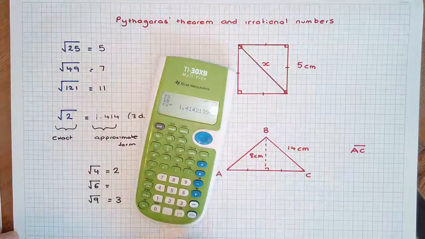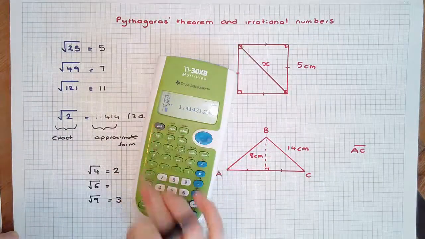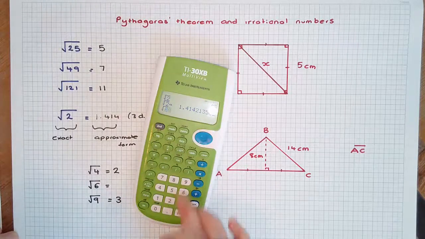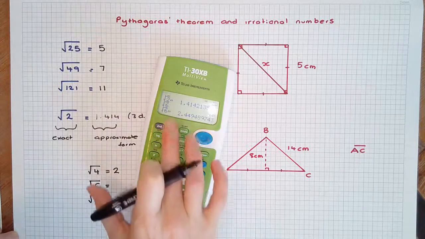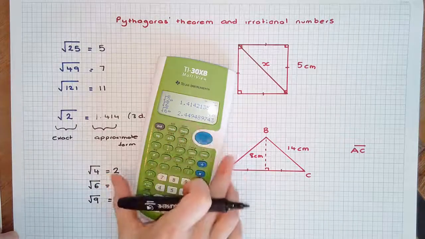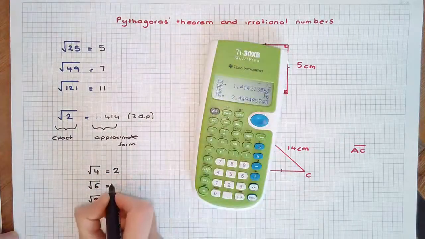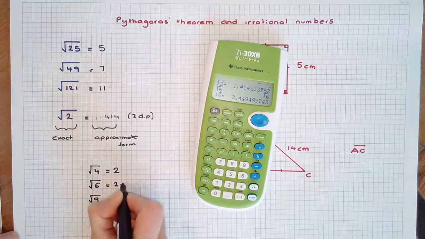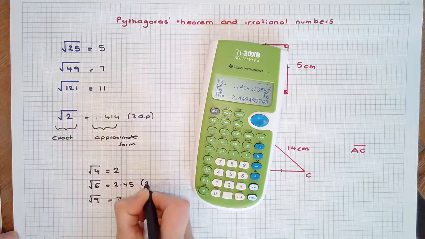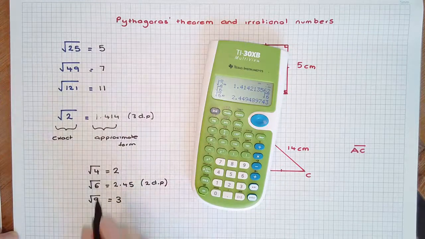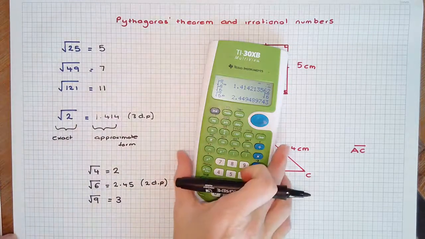Let's have a look on the calculator. The square root of 6 is 2.449. Let's round to 2 decimal places, so it's 2.45 rounded to 2 decimal places, which is what we predicted.